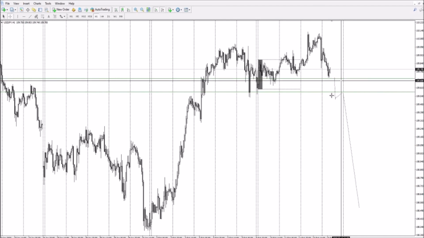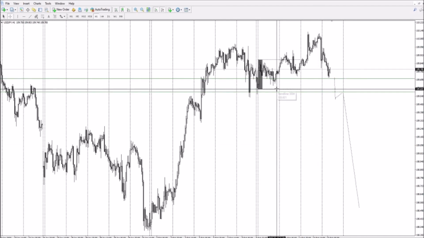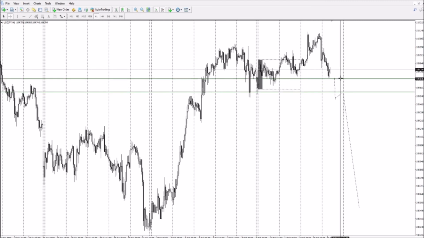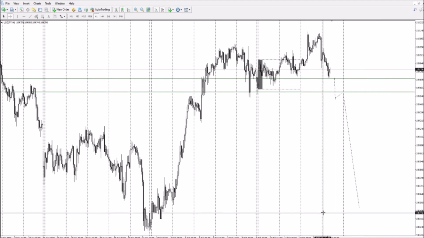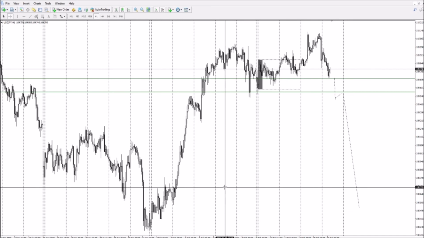We could bounce as well, so just waiting for both scenarios, but it needs to come down and hit Monday's low either way. So if it hits Monday's low, bounces back above this level, take it long. If it comes down, strong close, take it short. So two options for you there.